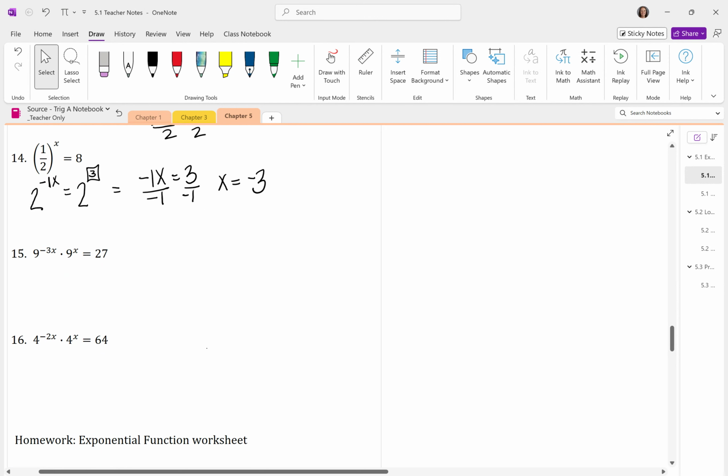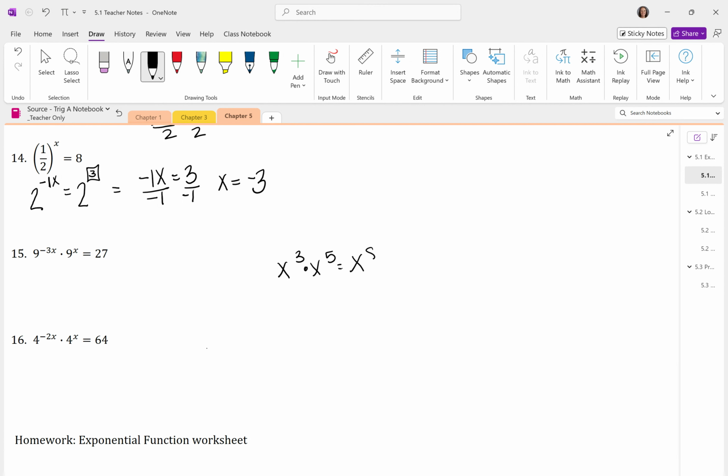All right, now number 15 and 16 are very much the same type of problem. You have to remember what you do when you multiply exponents together. So if I would come over here and say x to the third times x to the fifth, if you remember, you add those exponents together and get x to the 8th.